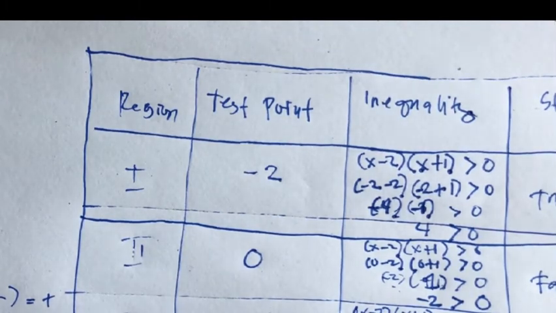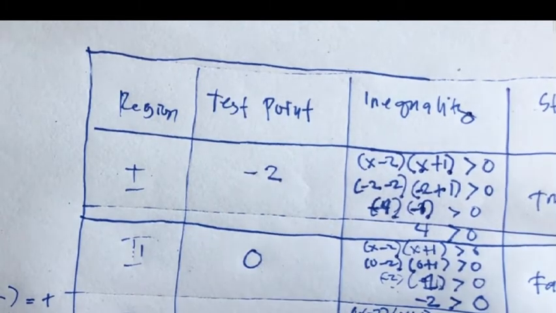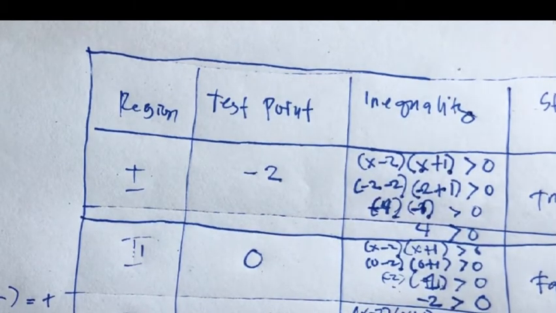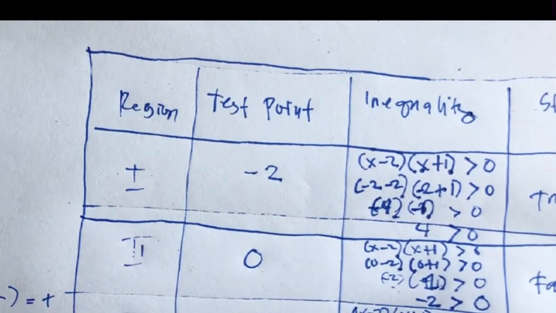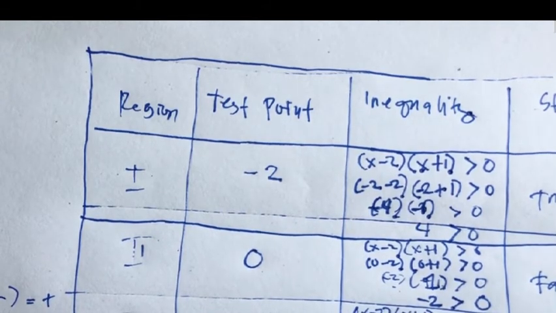Substituting 3 to our variable x, we have 3 minus 2 times 3 plus 1 is greater than 0. So 3 minus 2, that is 1, times 3 plus 1, that's 4. Copy greater than 0. So 1 times 4, that is 4 greater than 0.